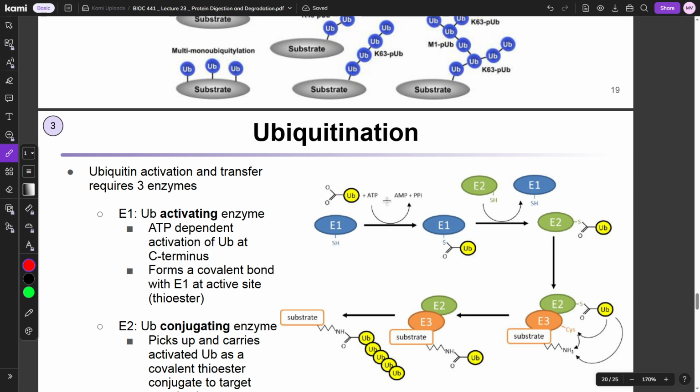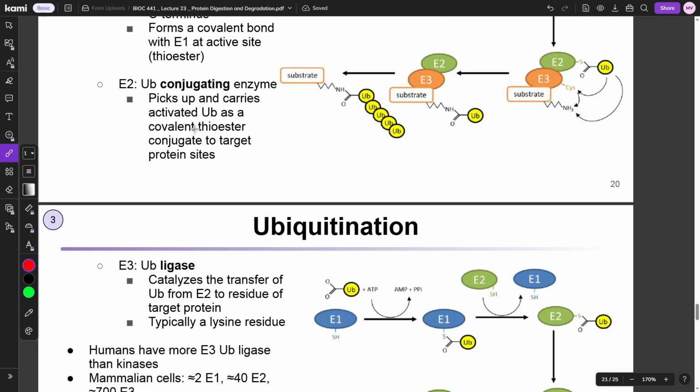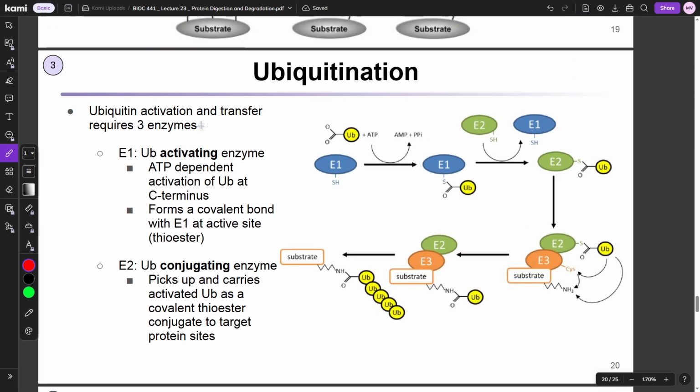And the way that we attach ubiquitin to things is actually through a series of enzymes called E1, E2, and E3. These are all ligases. So E1, what we do is we take ubiquitin and we activate ubiquitin.